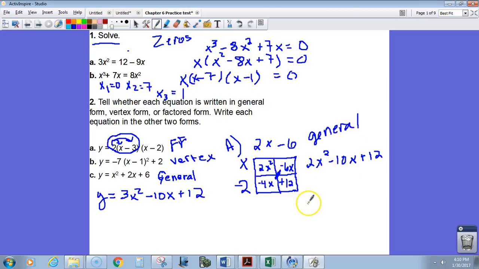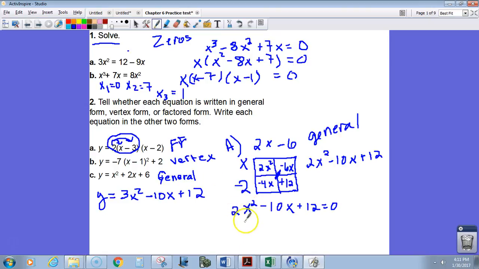Then, if I wanted to change this to vertex form, I can take my general form and complete the square. So the first thing I need to do to complete the square is to have a 1 where the a should be, and instead I have a 2. So if I just take my equation, set it equal to 0, and then divide everything by 2, I should be able to do this a lot nicer, okay?